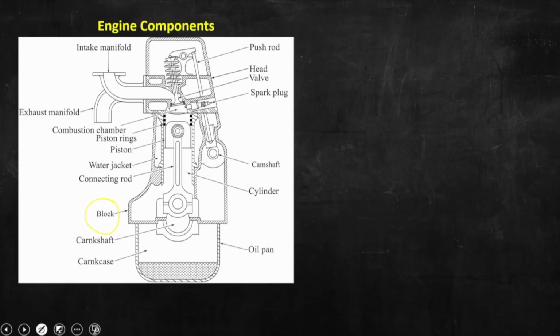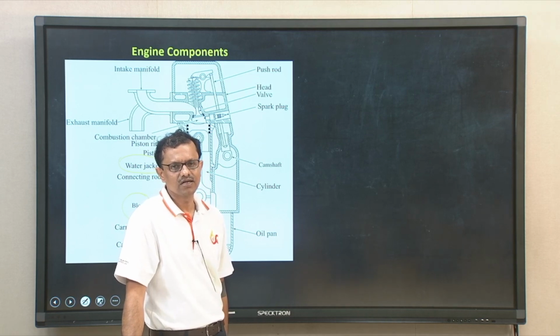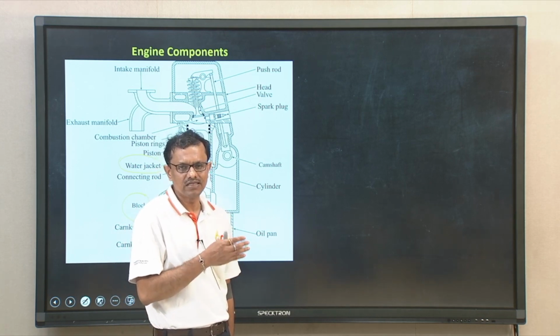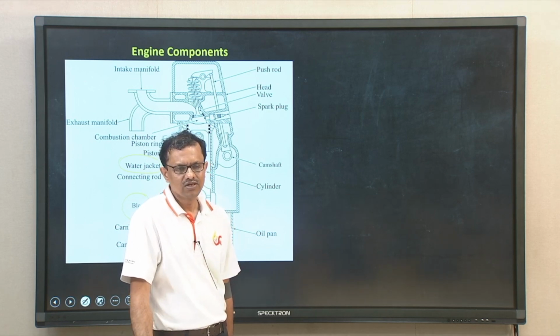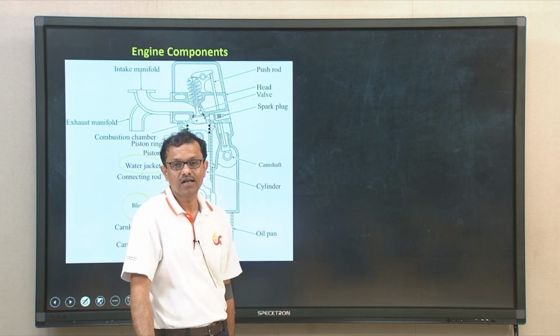Not only that, this block also contains the water jacket. We have discussed in the beginning that these water jackets are important because if it is a water cooled engine, we need to supply water as a coolant to transfer a certain amount of heat from the engine cylinder into the coolant, so as to prevent mechanical failure of several other components.